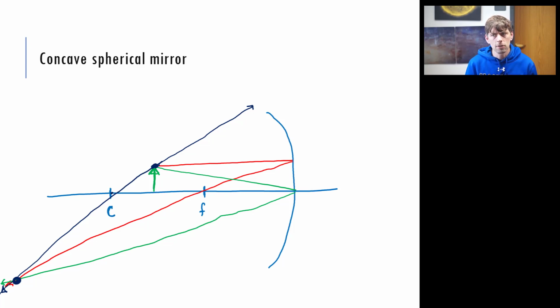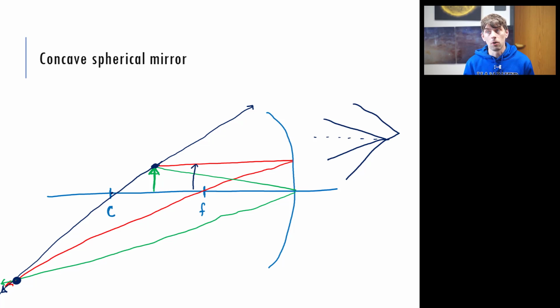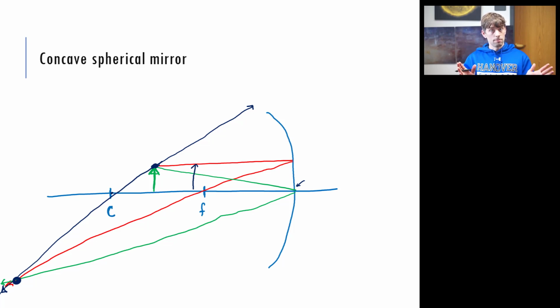What about the green ray? What happens to the green ray as I move the object, say, closer? You say, okay, that green ray, rather than being at some modest angle, as the object moves closer, you can imagine that green ray will get more and more extreme, right? The angle that the ray makes with the normal will get larger.